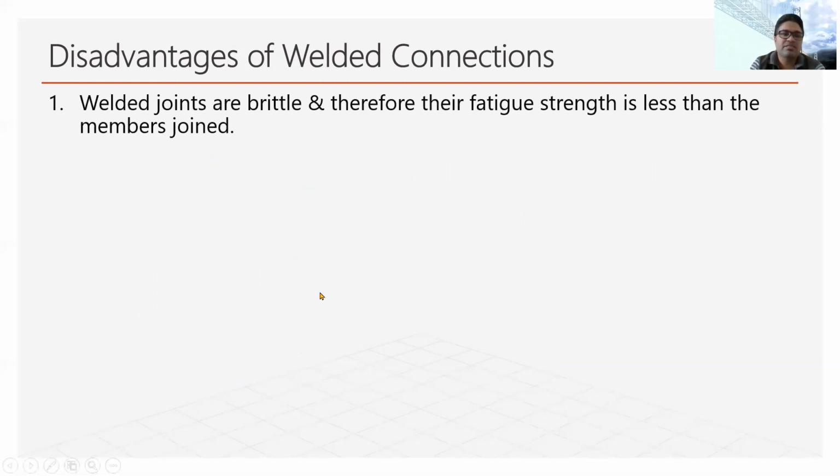The major disadvantage is that welded joints are brittle, and therefore their fatigue strength is less than that of the members joined. I have already discussed it in the previous lectures, so you can refer to that.